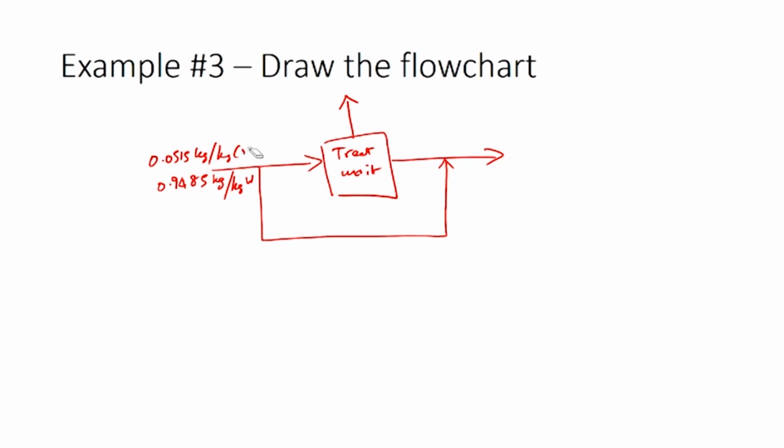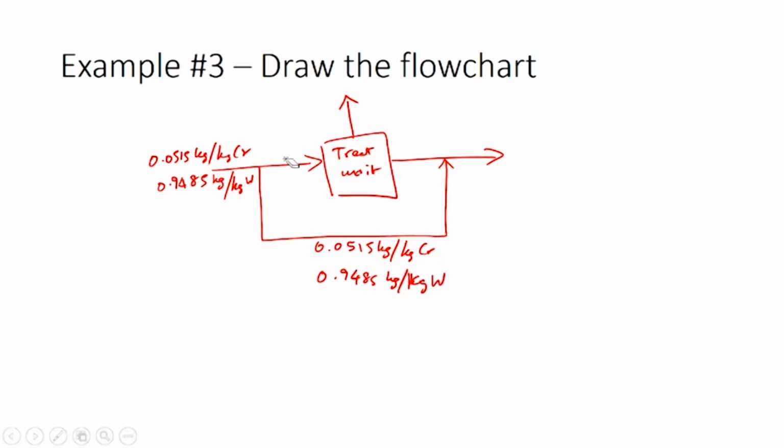Because this is a splitter which is being used to create the bypass stream, the composition of the stream entering the treatment unit and the bypass stream would be the same. So, this would also contain 0.0515 kilograms per kilogram of chromium and 0.9485 kilograms per kilogram of water.